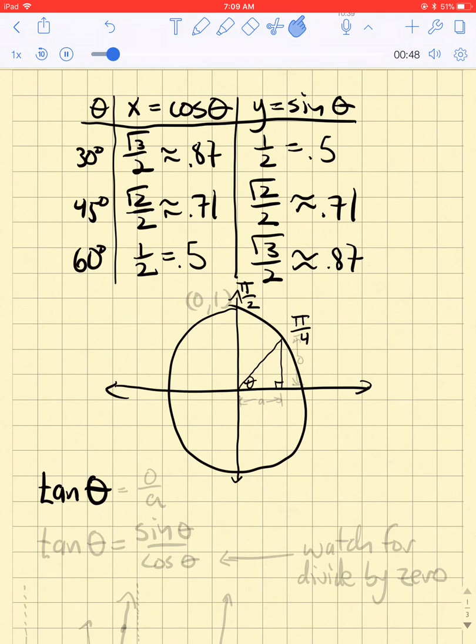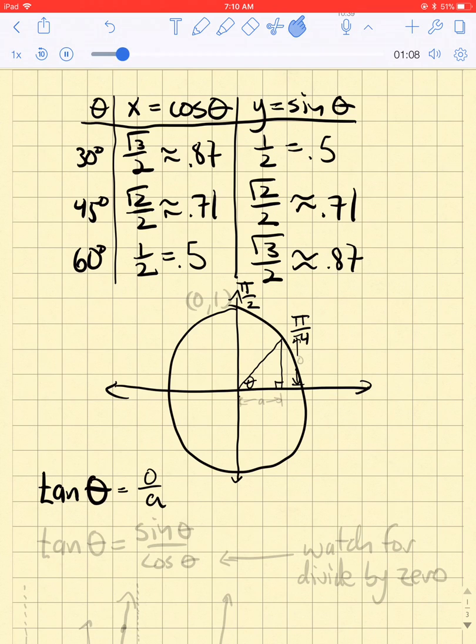So tangent of theta is not only equal to opposite over adjacent, but it's also equal to sine of theta over cosine of theta. So all of this will help us come up with a way to sketch the graph.